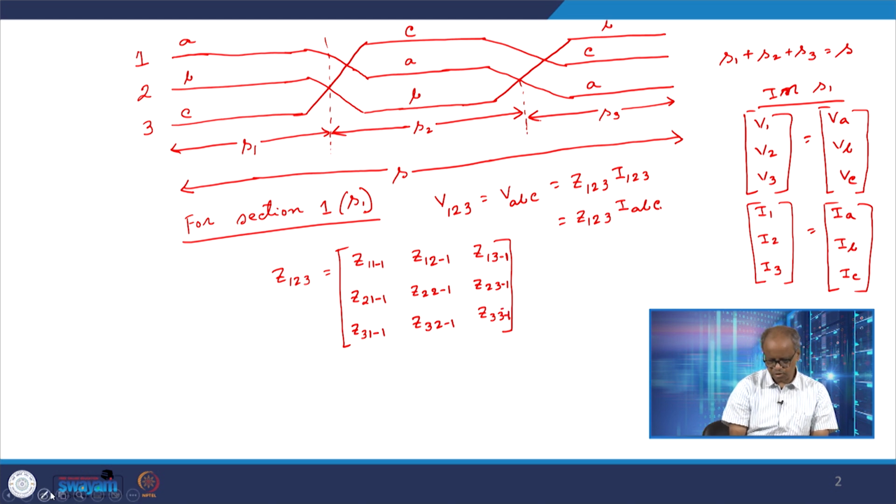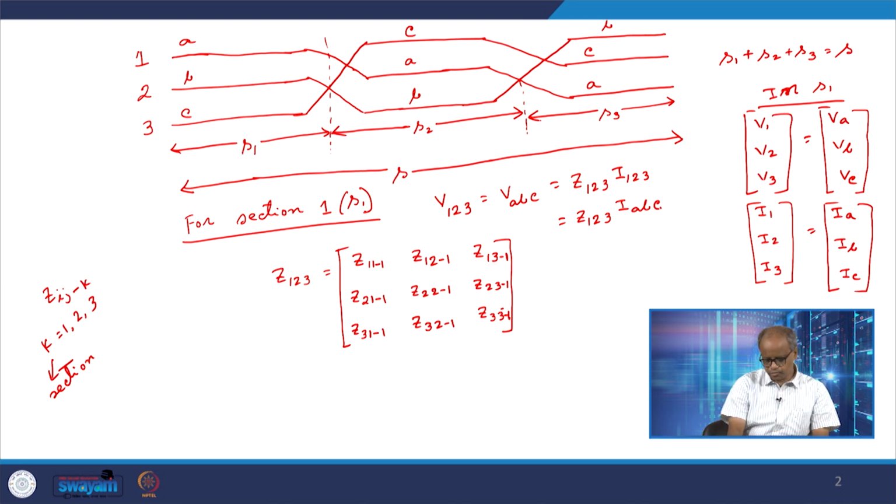So the notation Zij hyphen k denotes the impedance Zij corresponding to section k, and this k goes from 1 to 3. So these denote the sections, basically section 1, 2, 3, and Zij is nothing but Z11, Z12, Z13, etc.